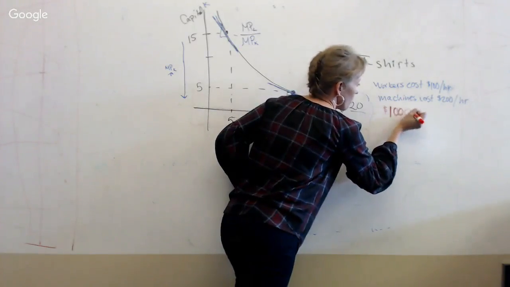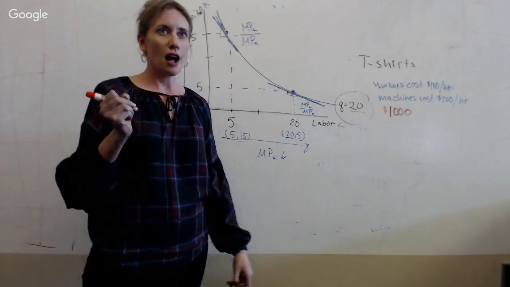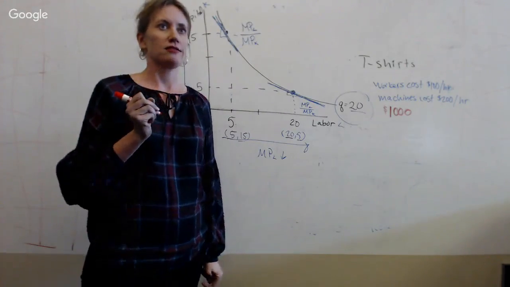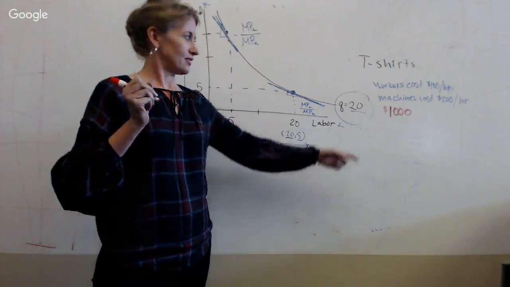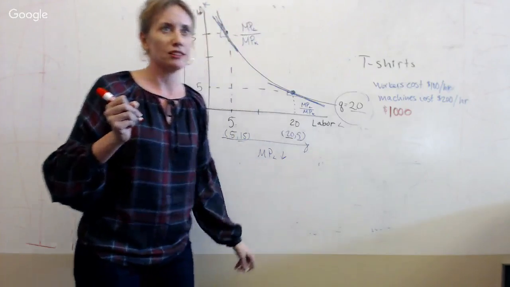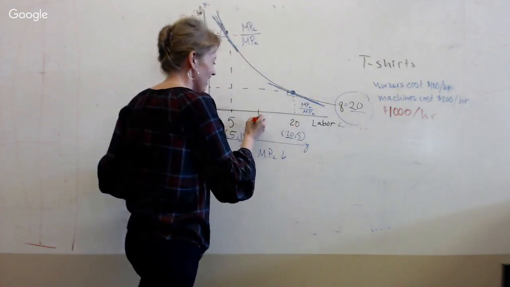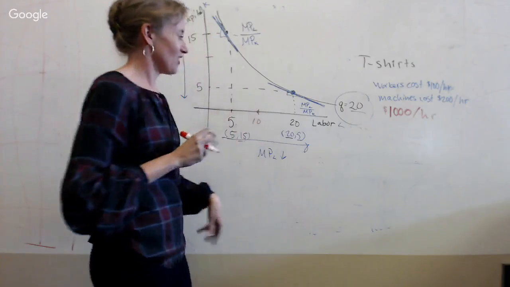Let's say our firm wants to spend $1,000. If our firm spends $1,000 and spends it all on workers, how many workers can it hire? Each worker costs $100 an hour, so 10.